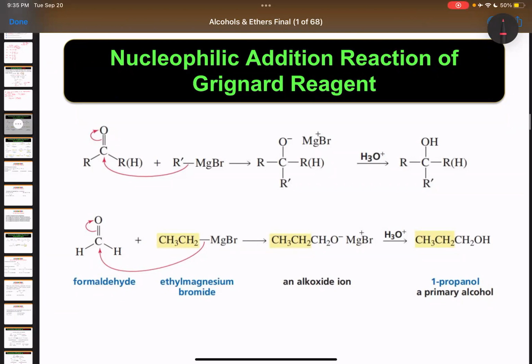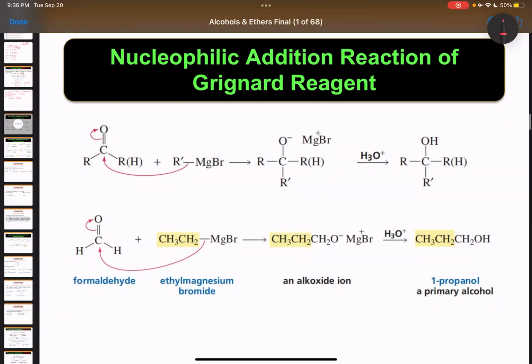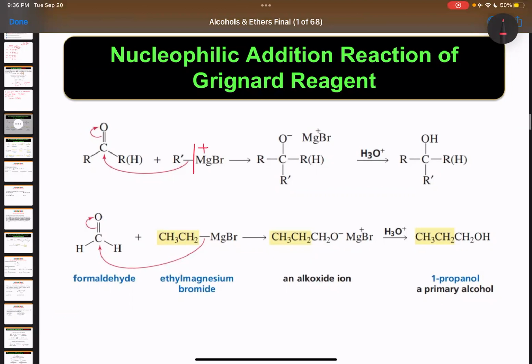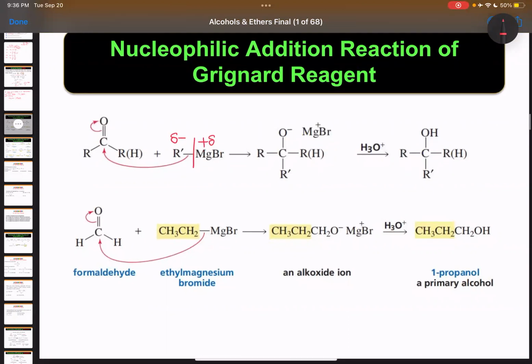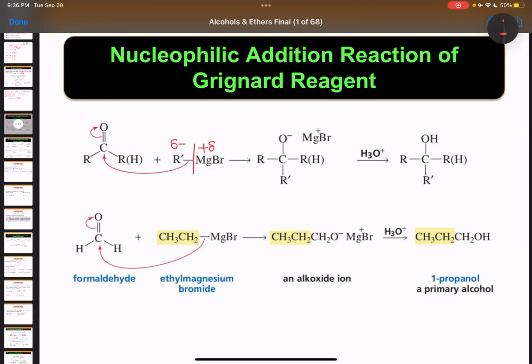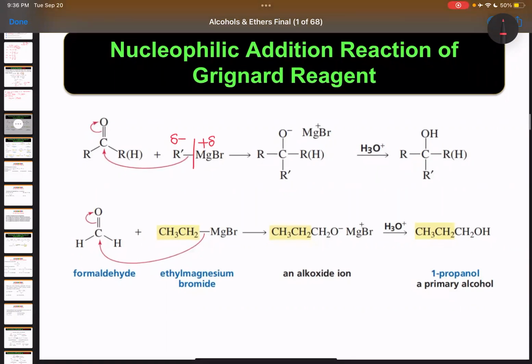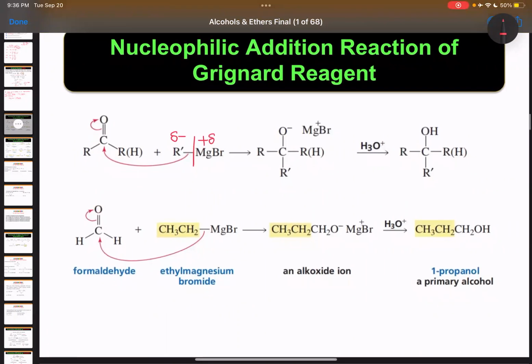Sir, it will join with the carbon, with the alkyl group in the alkyl halide, and it will lead to the removal of the halogen atom. Actually, the Grignard, as I just told you, has Mg positive and the carbon negative. So this will act as a nucleophile. It will go and attack on any carbon atom, or any other atom, not only carbon, which has a positive charge in it. Is it clear?